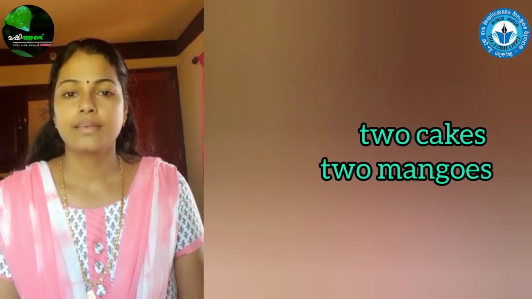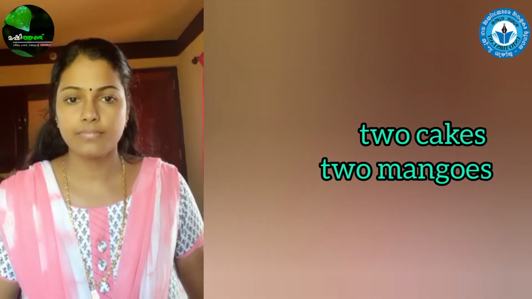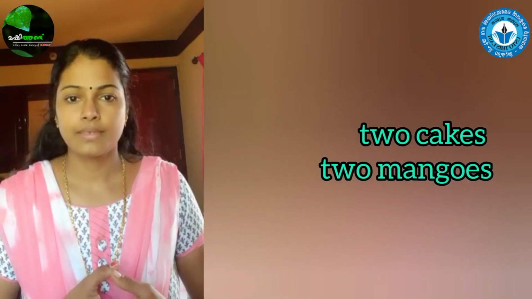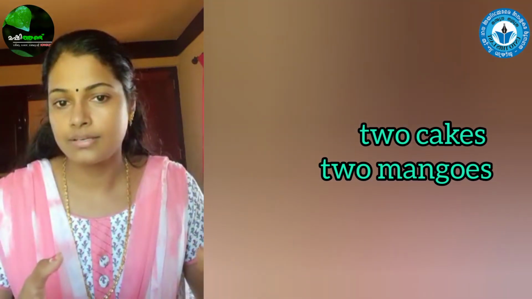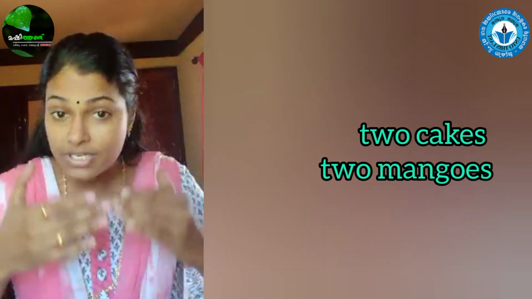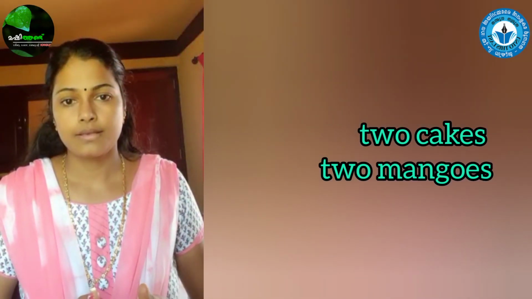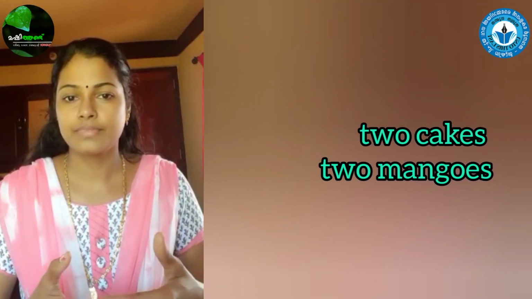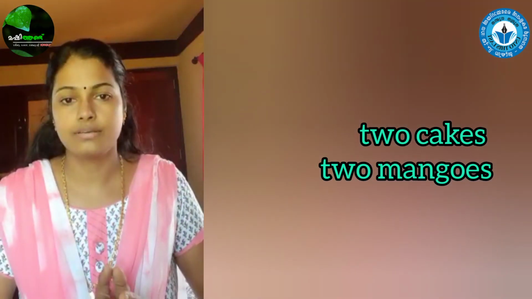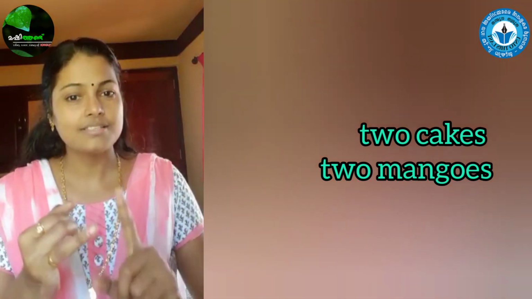Okay. The adjective of numbers not only represents cardinal numbers like 1, 2, 3, but also ordinal numbers. That means the position or order, like first, second.